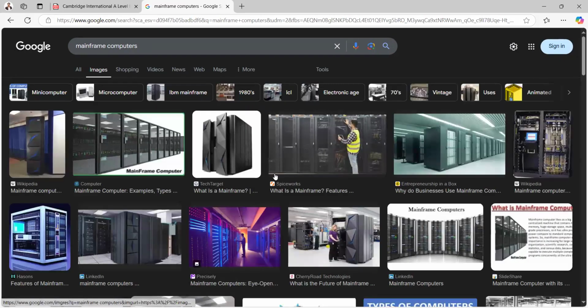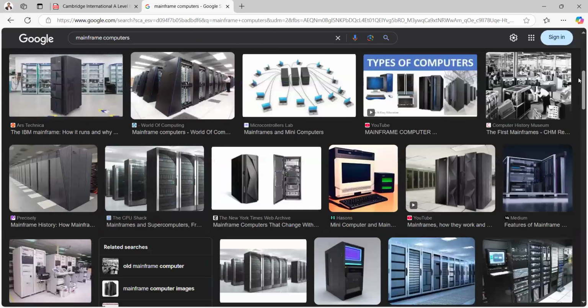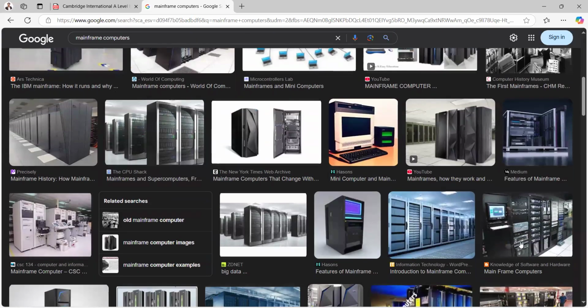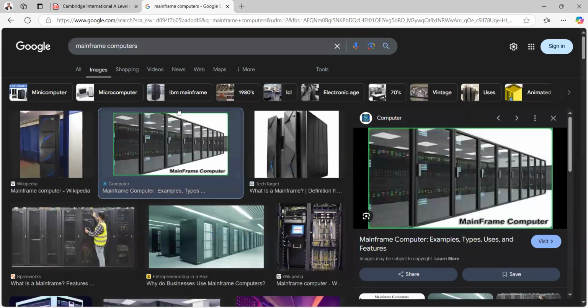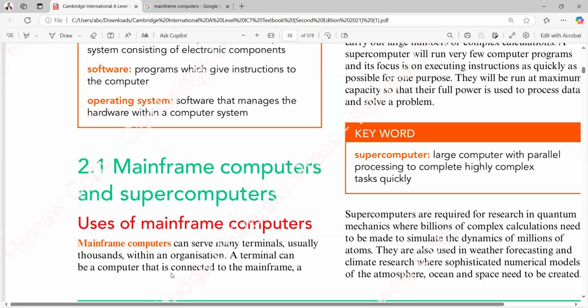These are known as mainframe computers, and you can see that they fill large auditorium-sized rooms. You can see these are all mainframe computers. They are mostly used in organizations like Google and Microsoft, wherever they want to handle a large amount of data, or if they want more processing.